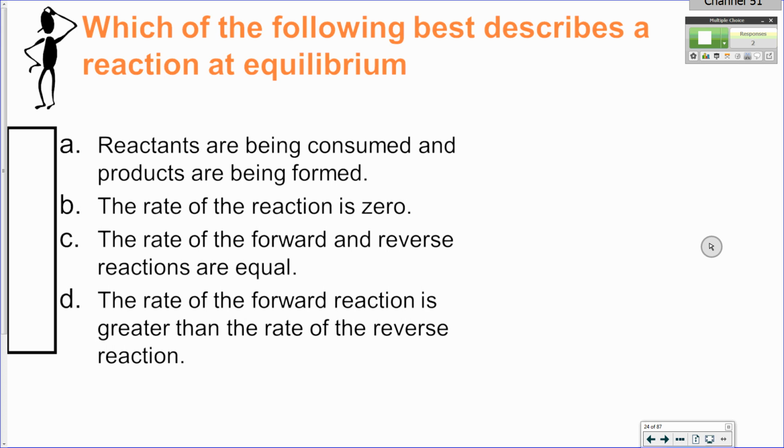So what describes a system that's at equilibrium? Answer it on your own.